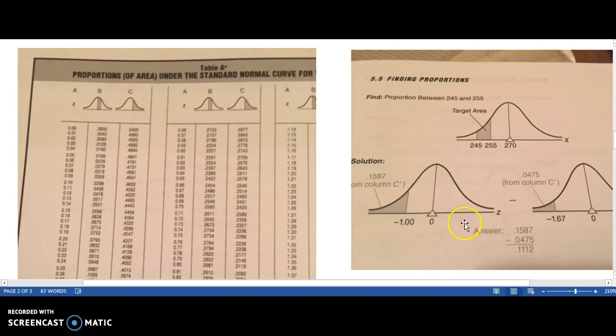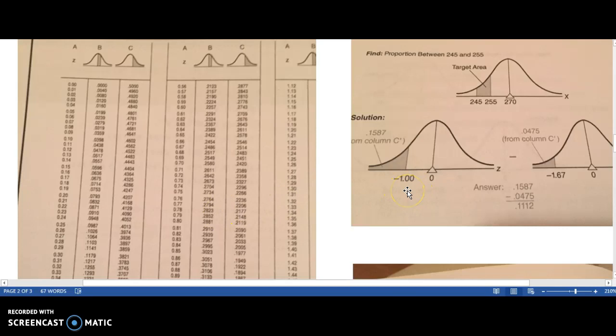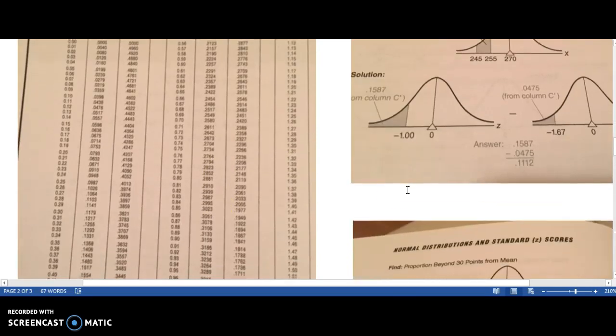That's the z-score for 245. So now we're going to use this table to find the area between these two regions. We first find the area from negative 1.0 to the tail. Now, this left side of the normal curve is symmetrical with the right side. Our table in our text has all positive z-scores, but we have a negative z-score here. We're just going to use the same information of a z-score of 1.00 and then apply it for a negative 1.00.